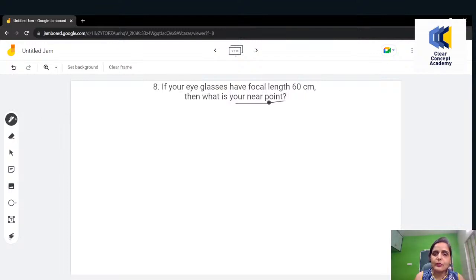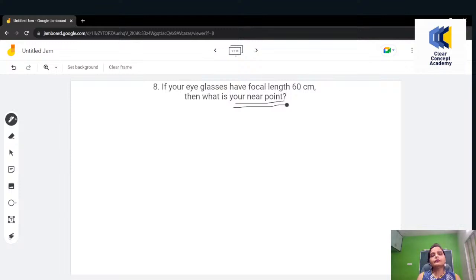They are mentioning the near point, and the near point is always mentioned with respect to the defect hypermetropia. Hypermetropia is farsightedness, where the person is able to see objects at a far distance clearly, but objects at a closer distance they are not able to see clearly.